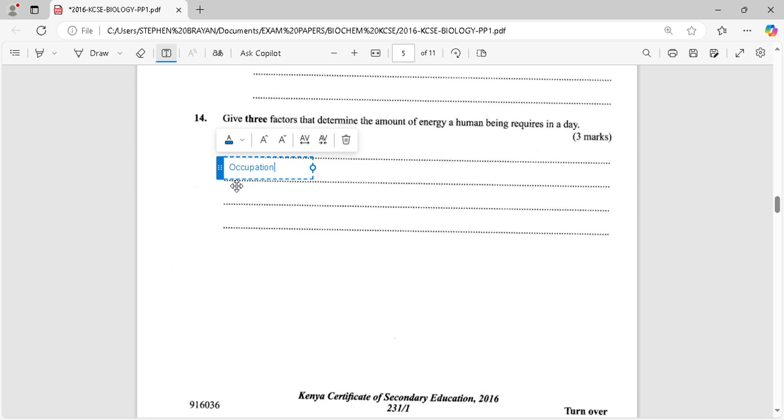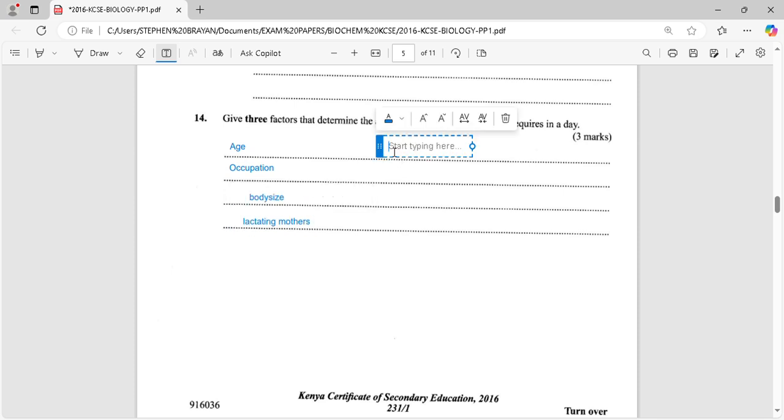The third factor is body size. We also have lactation, lactating mothers. And lastly, we also have the sex.